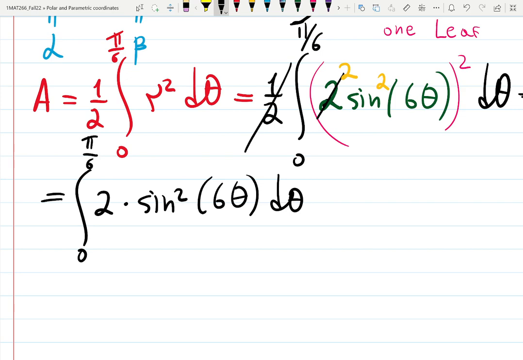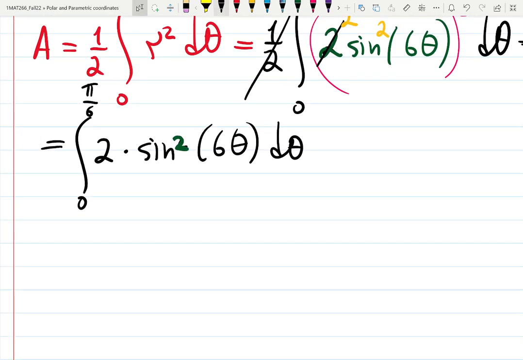We only have 2 formulas with sine or cosine squared: sine squared plus cosine squared equals 1, and the double angle formula. And that's the one that will work because it will reduce the power. But good try. Usually you try and it doesn't work and you figure out something else.